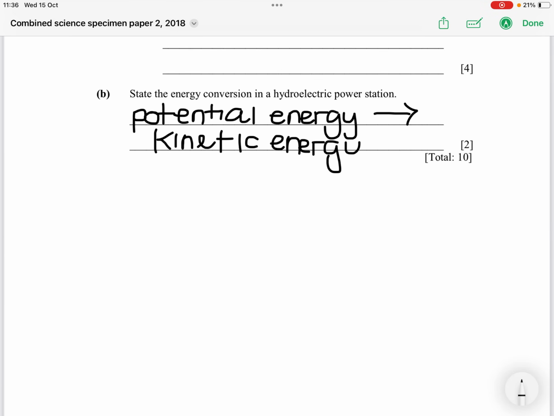So by doing this, you get your 2 marks. Hydroelectric power station converts the potential energy stored in water reservoir behind a dam to mechanical energy, which is also known as the kinetic energy. And then after that we are finally going to have the electrical energy.